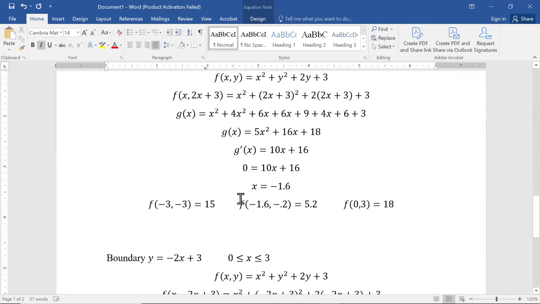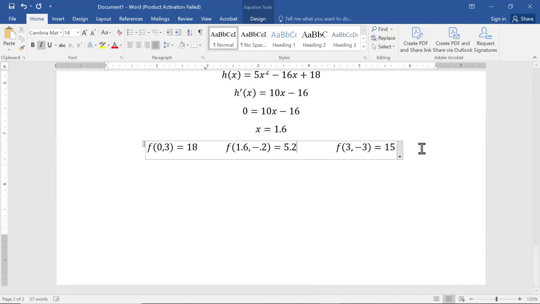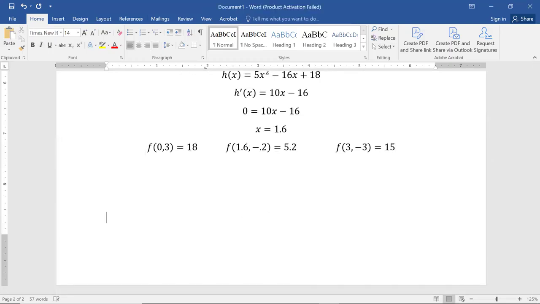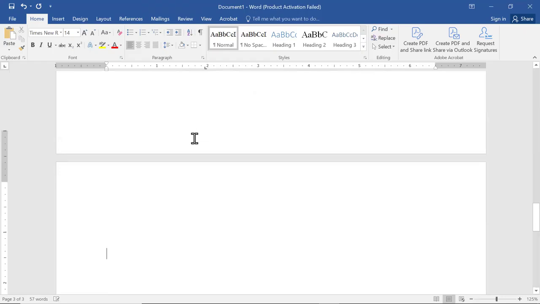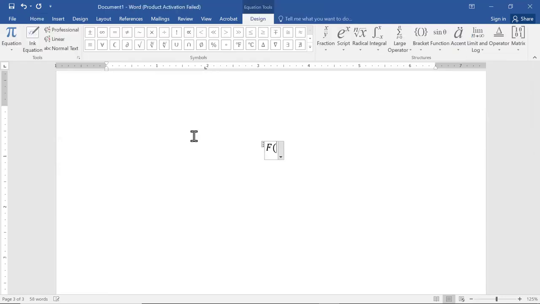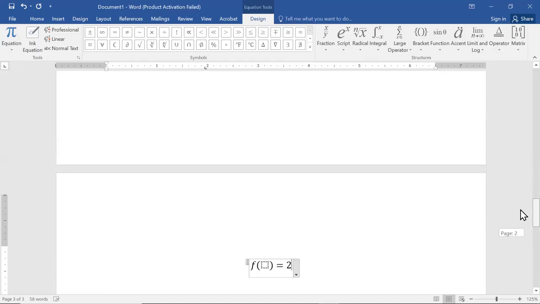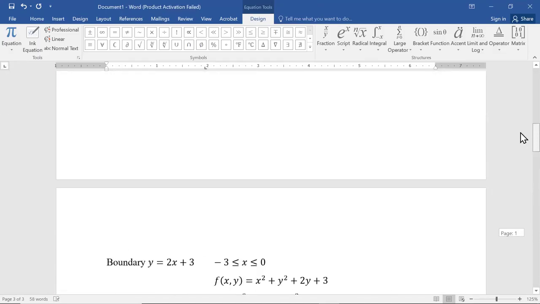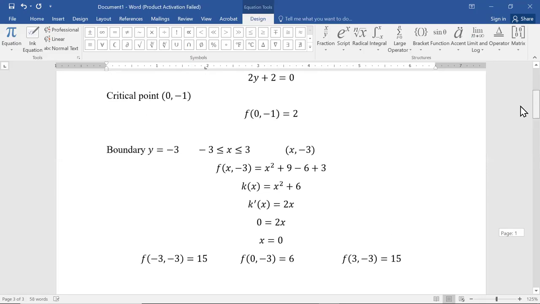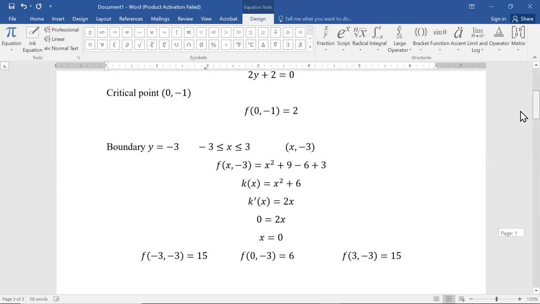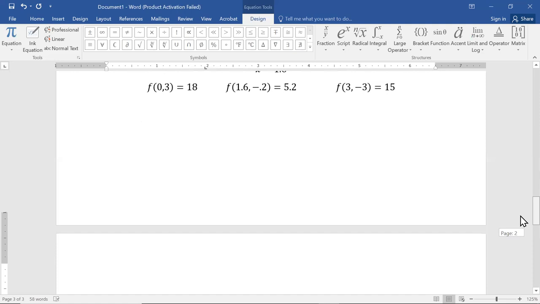Let me actually go through and write all of the points that we have. So we have our critical point, which gave us a 2. I will just copy and paste all these. 0, negative 1 gave me a 2.